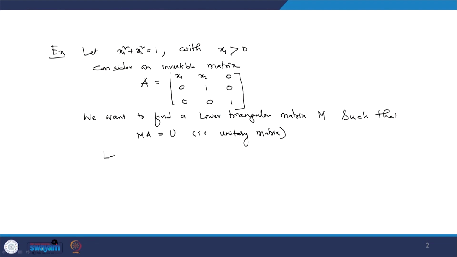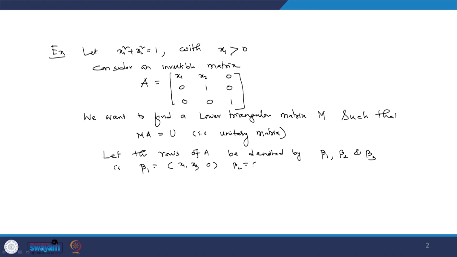Let the rows of A be beta 1, beta 2 and beta 3, that is beta 1 equal to x1, x2, 0, beta 2 equal to 0, 1, 0, beta 3 equal to 0, 0, 1.